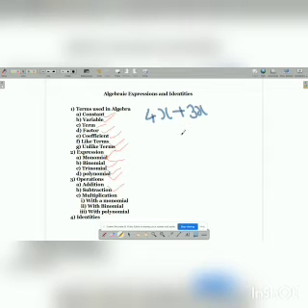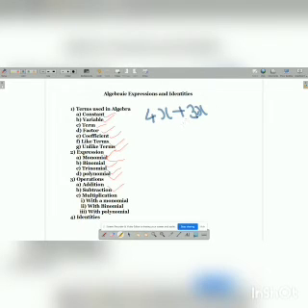First, children, when you are adding or subtracting, you need to add or subtract only the like terms, not unlike terms. Here, if you all observe, it is 4x and 3x. These are like terms.